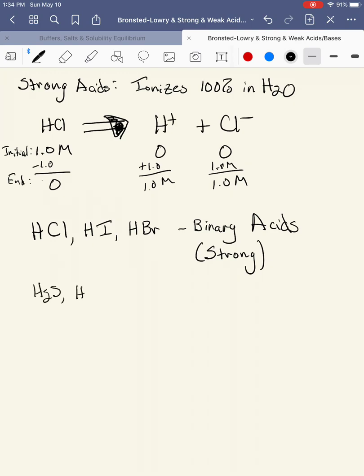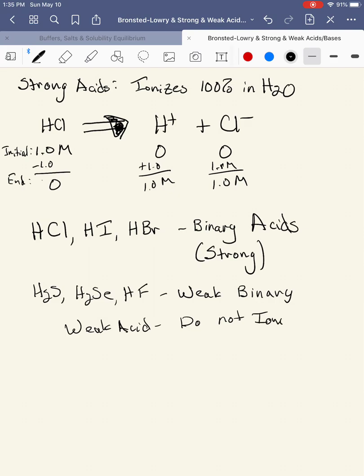H2S, H2Se, HF. These would be weak binary acids. And by being weak, acids do not ionize 100% in water.